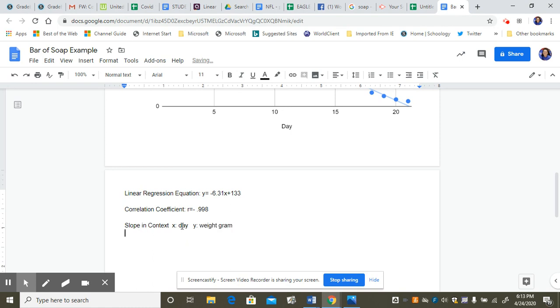When you start your sentence, you always start with your X variable. So for each day, the weight of soap, and since it's negative, we're going to say decreases by 6.31 grams. Don't say anything about the 133.